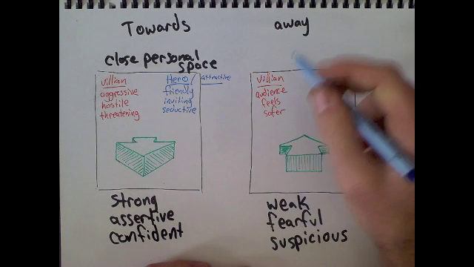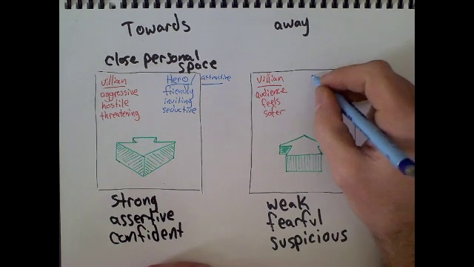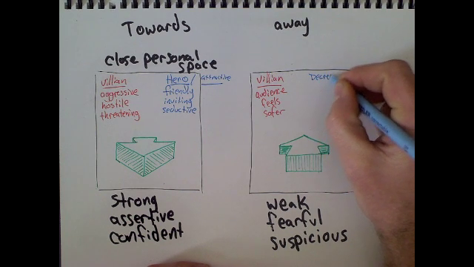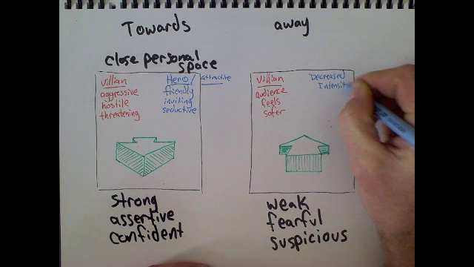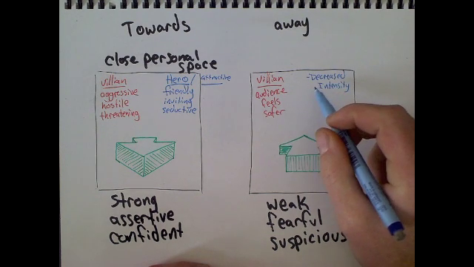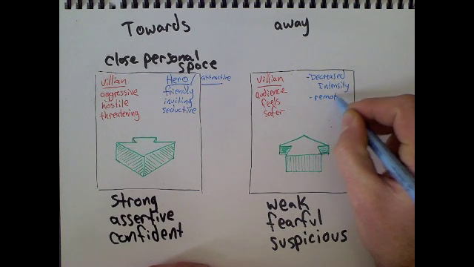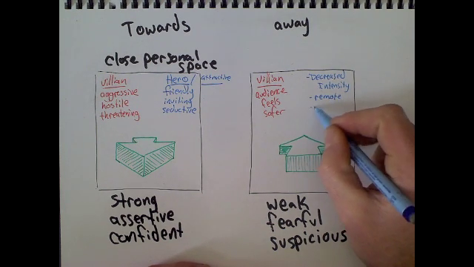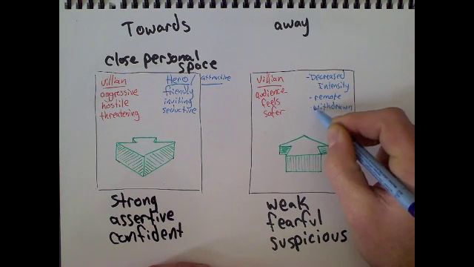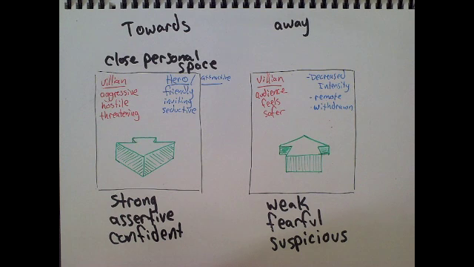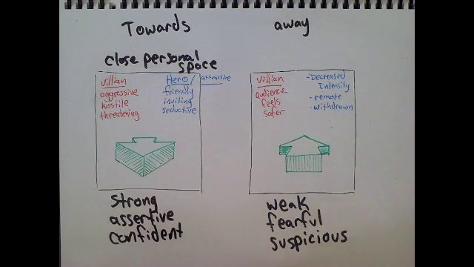When other characters move away, we have a decreased intensity. We also feel that the characters are becoming more remote or withdrawn. So the increase of personal space, the decrease of personal space.